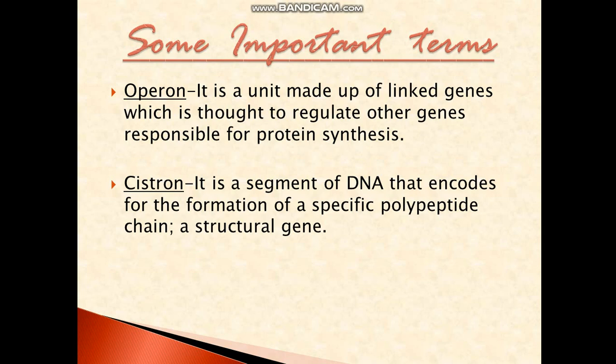Let us see the example: UGU, UGC, UGG all code for arginine. Although you can see only the first two bases in UGU, UGC, UGG are the same, they all code for the same amino acid, that is arginine. So this was the wobble hypothesis, which says that one transfer RNA can recognize more than one codon.